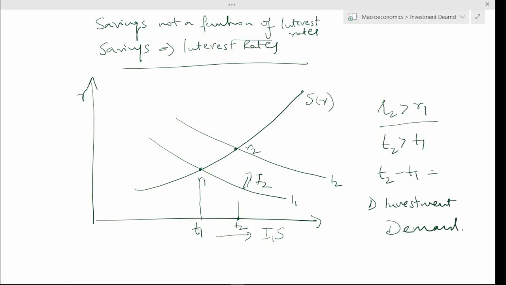So T2 minus T1 is the incremental amount of investment demand. In this case, we saw that not only do the interest rates go up when you are using technology to increase the investment demand, but you're also looking at how the amount of investment increases, which is nothing but the difference.